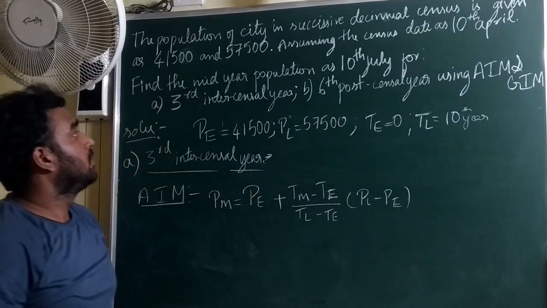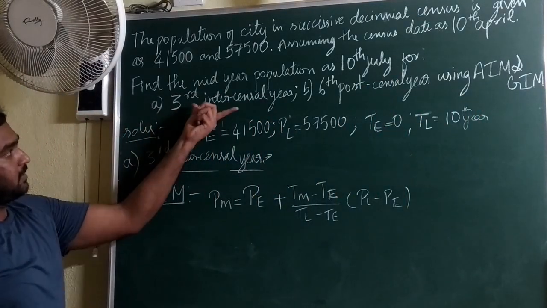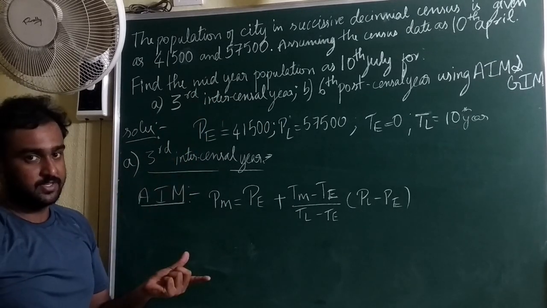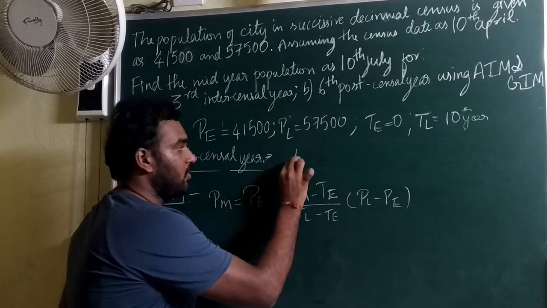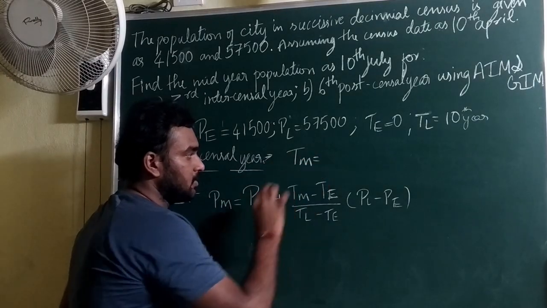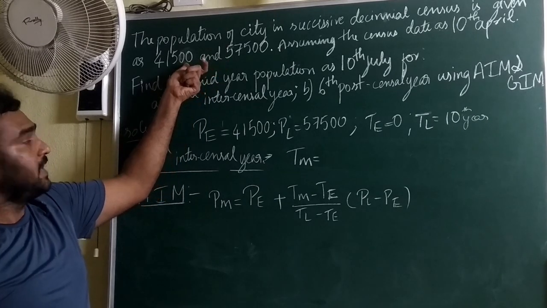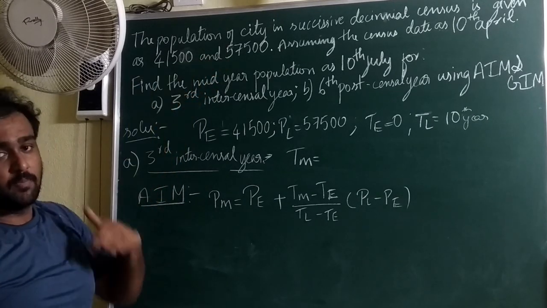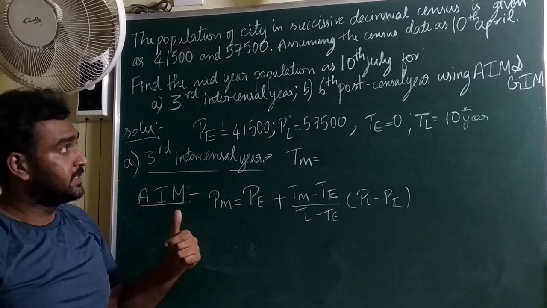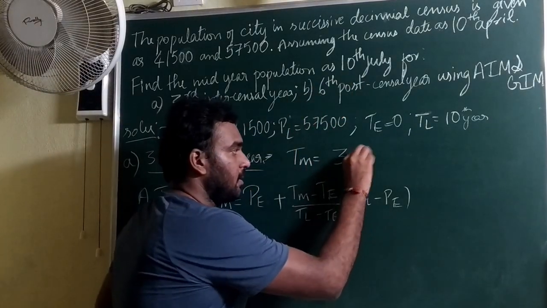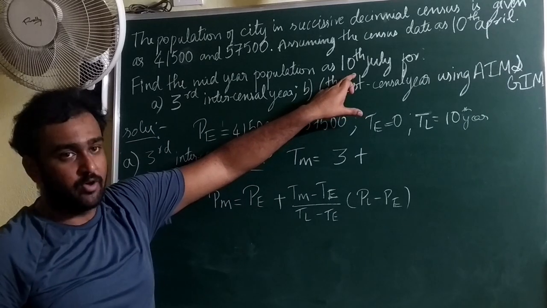Now, if you consider the first determination, that is the 3rd intercensal year population estimation, what is TM over here? I need to calculate in between, after 3 years from this population, and also you need to consider additional months, that is after 3 years, plus additionally 4 months.